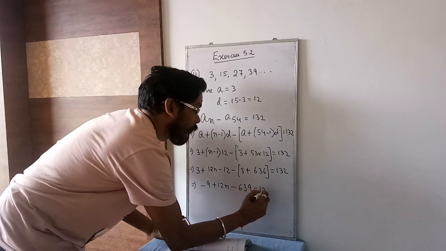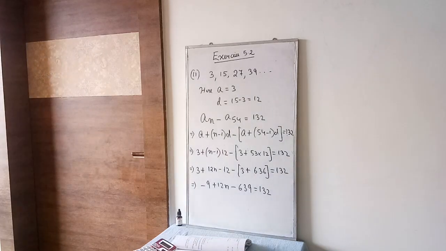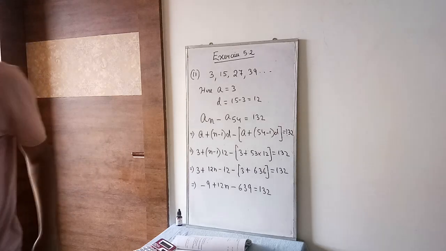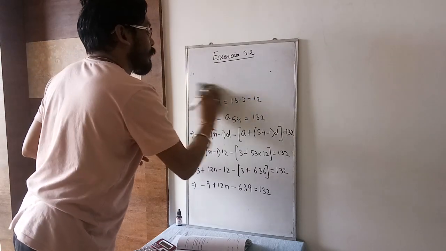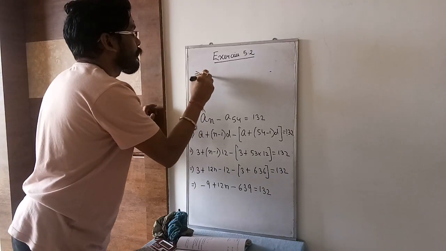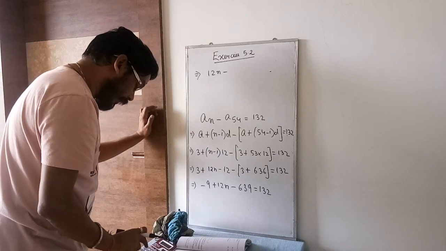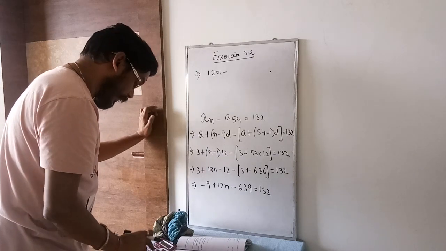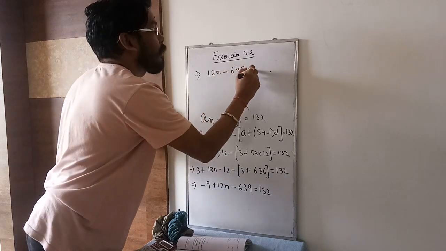Take the screenshot. I will drop the upper part. Now you see, here it is 12n minus 639 minus 9, that is 648, equal to 132.